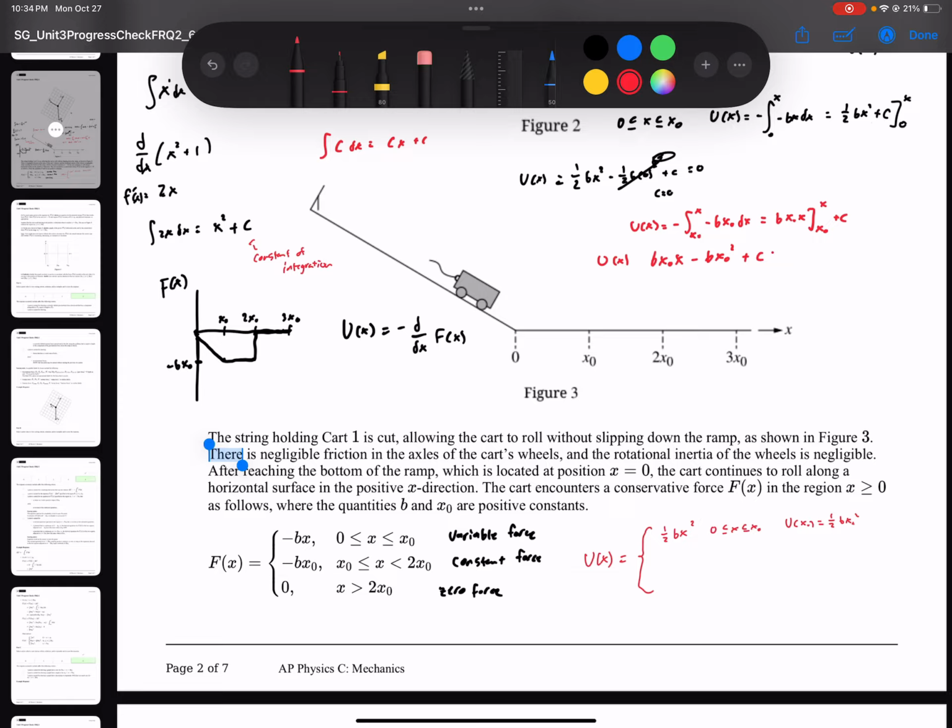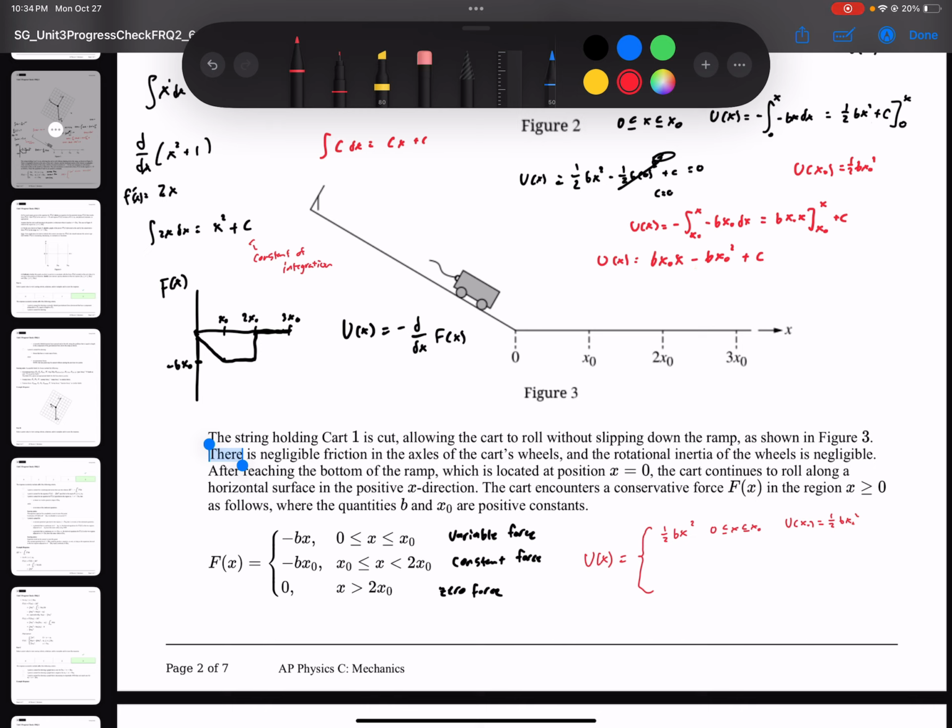And our initial condition is that when x equals x naught, the potential energy at position x naught is equal to, I'm sorry, 1/2 b x naught squared.